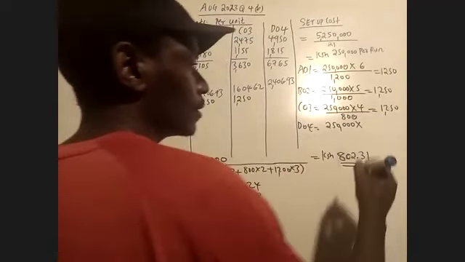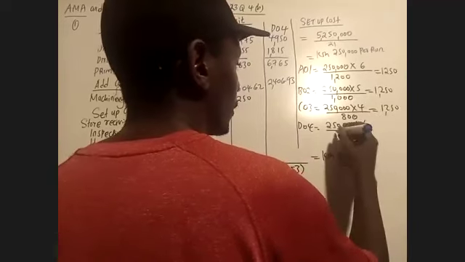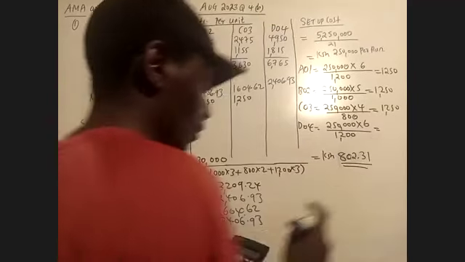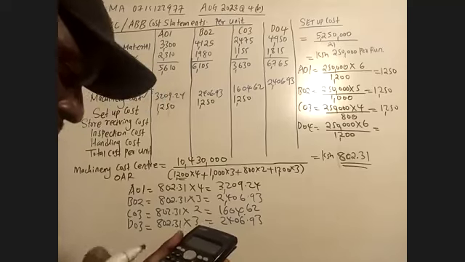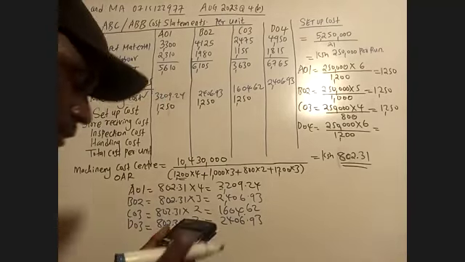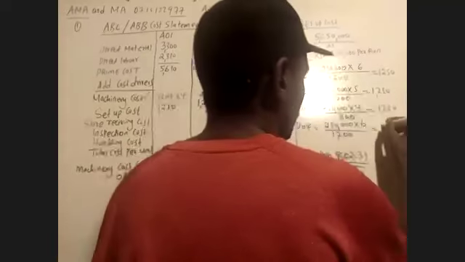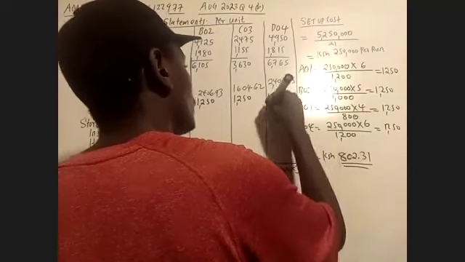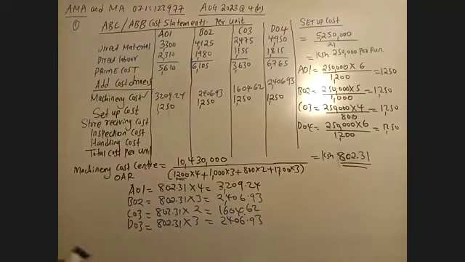How many runs? 6, divided by the number of units, 1200. So 250,000 times 6 divided by 1200. Now 1250. So it gives me about 1250 cost per unit. Is everyone getting it?